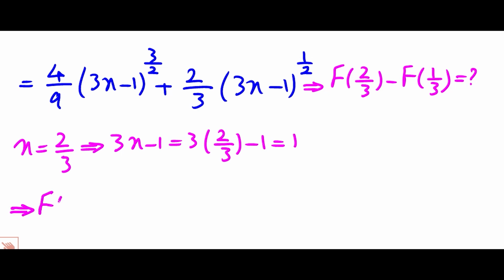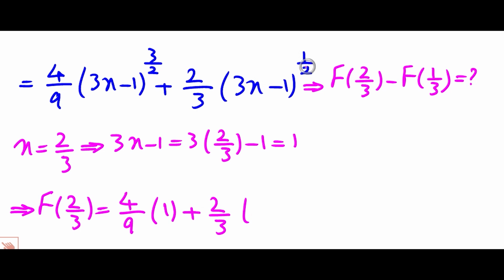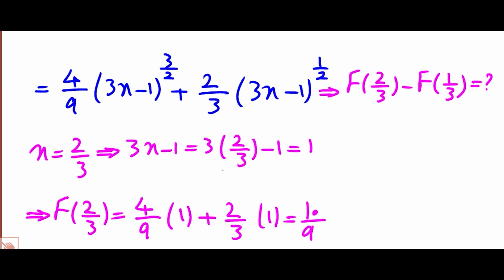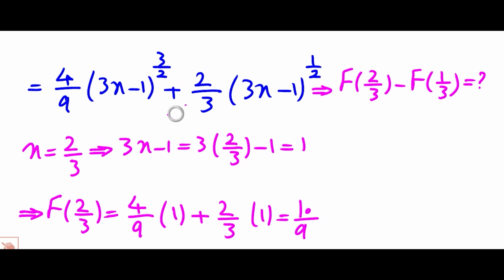So F(2/3) equals 4/9 times 1^(3/2), which is 1, plus 2/3 times 1^(1/2), which is 1. So we have 4/9 plus 2/3, or 6/9, equals 10/9. 10/9, right? Because this expression is F(x).